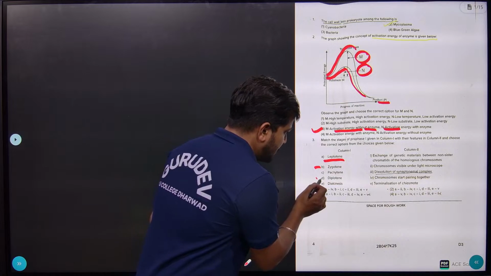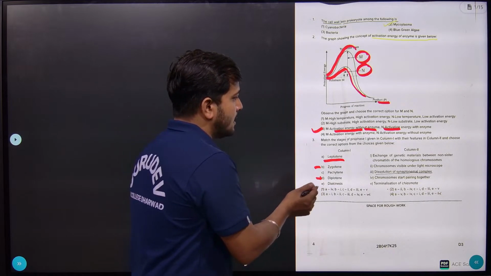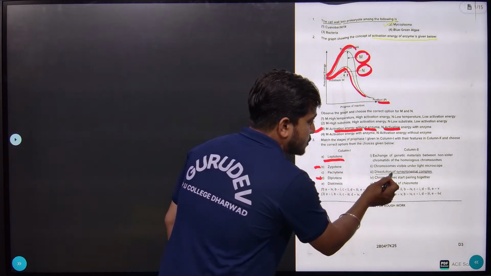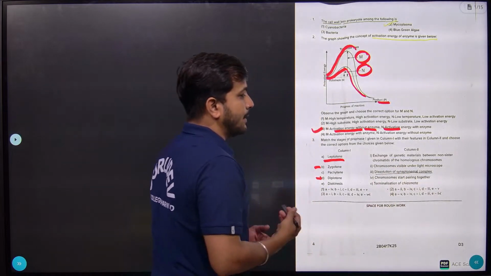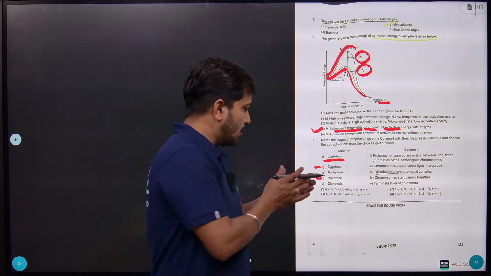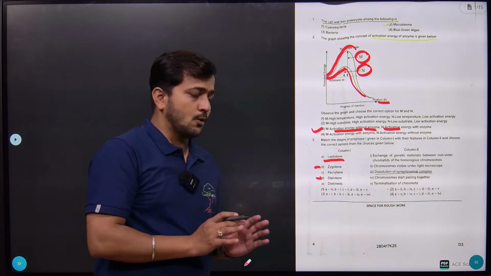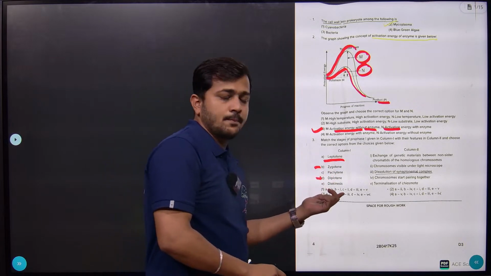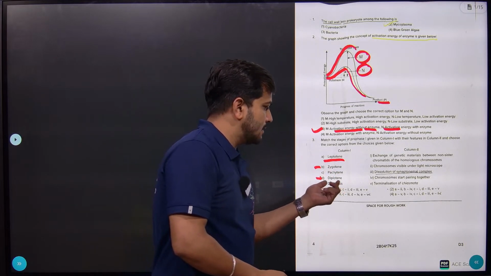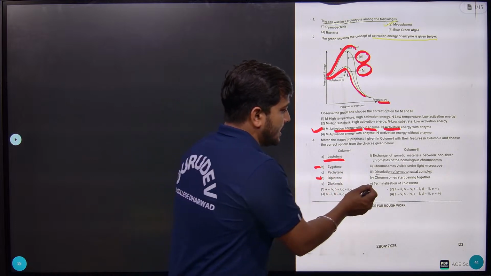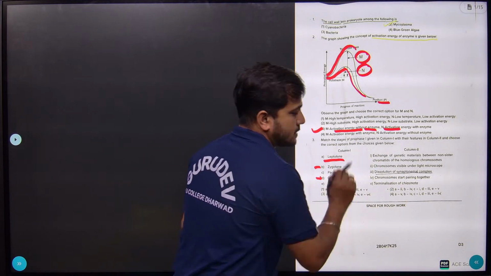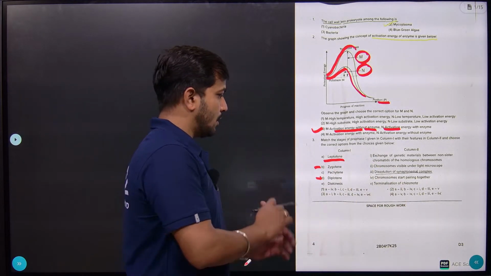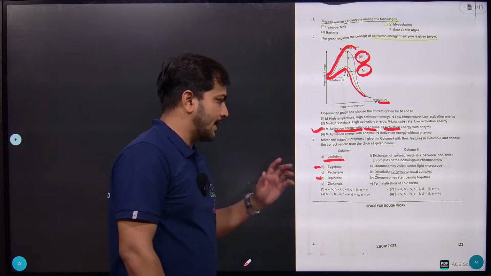Then in diplotene, dissolution of the synaptonemal complex will begin, right? So that is what you find in diplotene. Then diakinesis is nothing but terminalization of chiasmata, which we see in diakinesis, right?